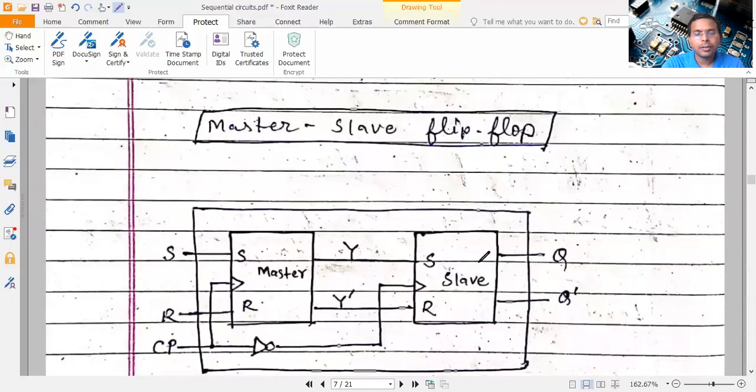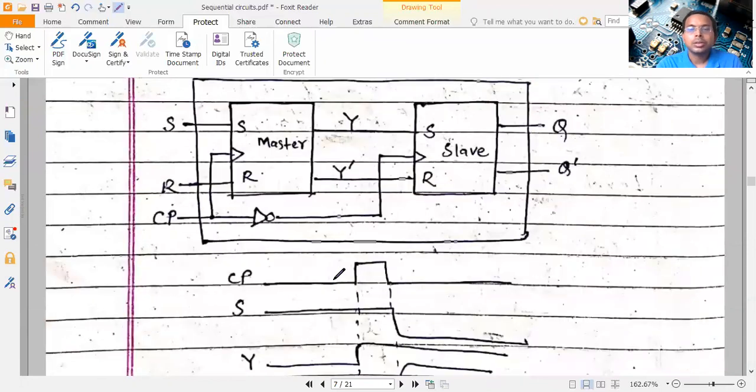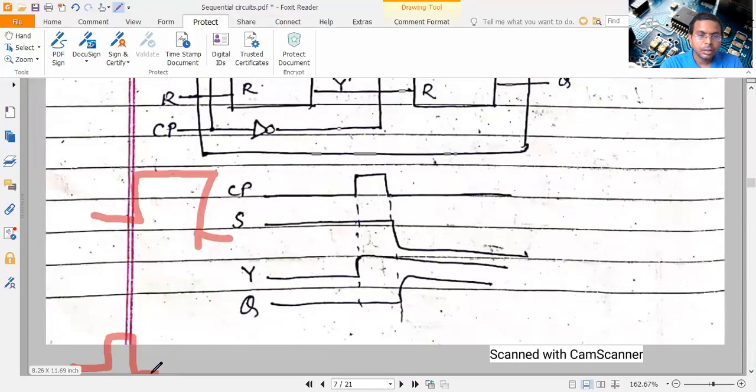So master slave flip-flop. In SR flip-flops, suppose the clock pulse is like this, and in between S is changing 2, 3, 4 times. What will happen?